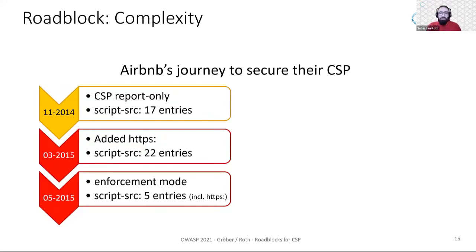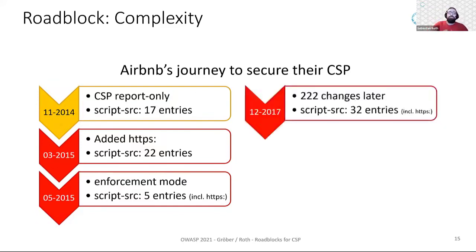More than 2 years and 222 changes later, in December 2017, their allow list had grown to 32 entries, while the HTTPS schema was still one of those entries. At that point, they started experimenting with a secure report-only policy on single days. And every time they did those experiments, they added more domains to the policy.